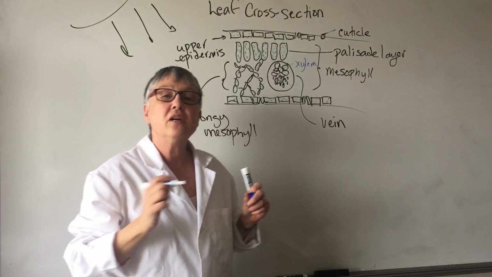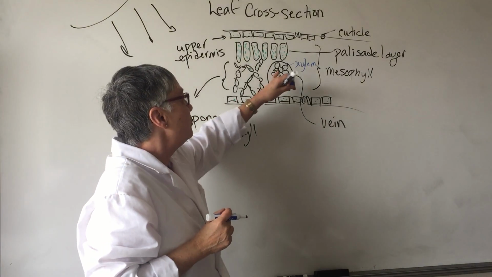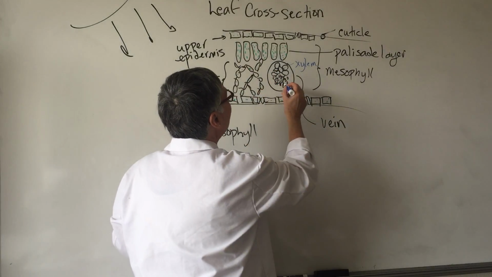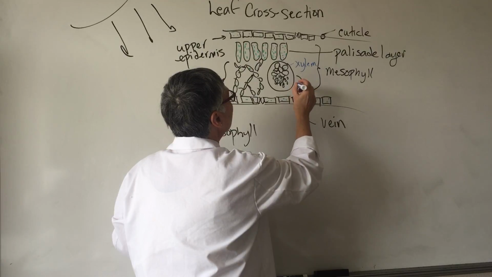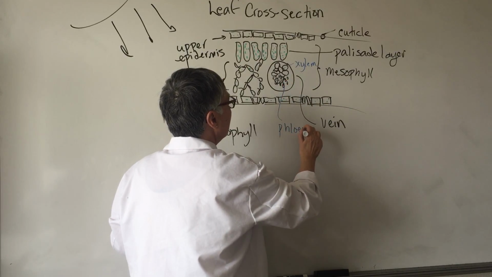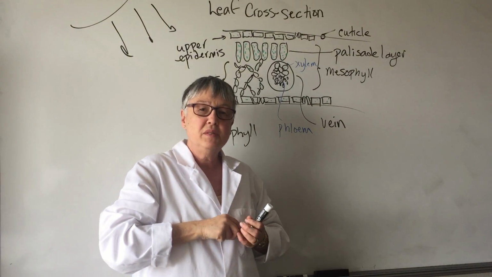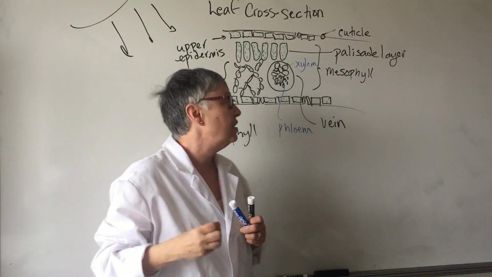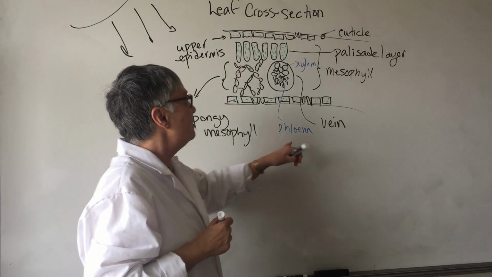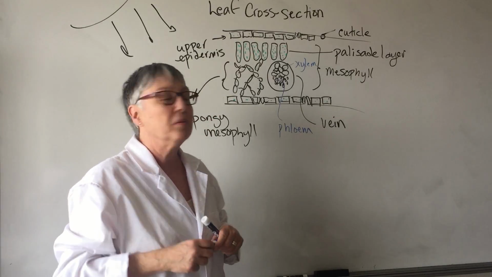Those are the cells that transport water and dissolved minerals, and those large cells are probably vessel elements. Beneath that is a group of cells that make up the phloem, which, remember, is a set of tubes that transmits sugars dissolved in a fluid, in water. The cells in there are the sieve tube members and their companion cells.